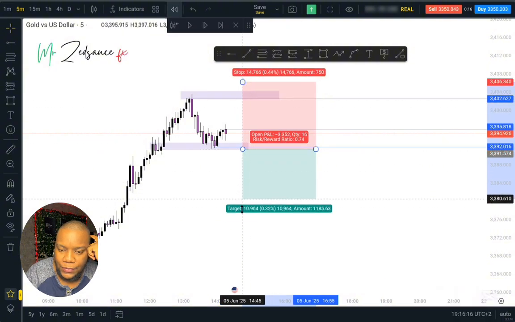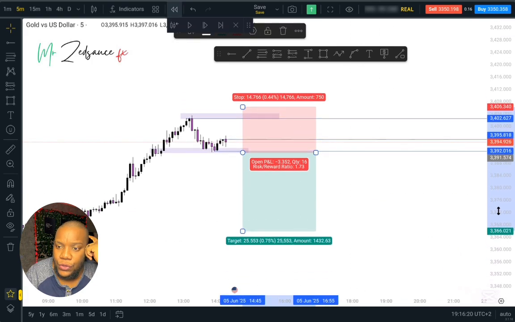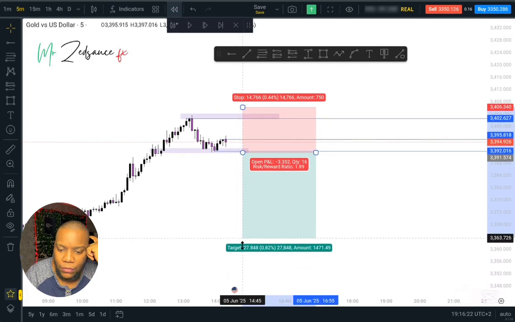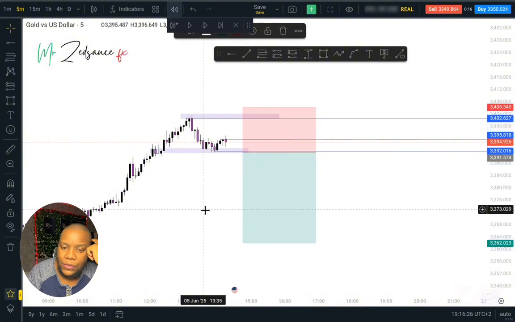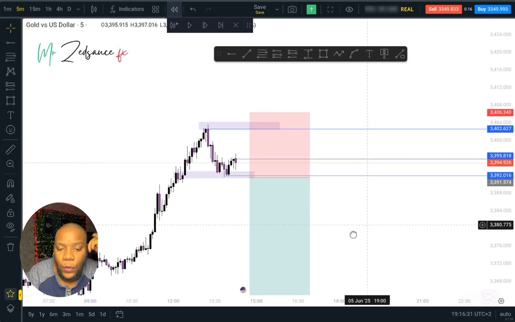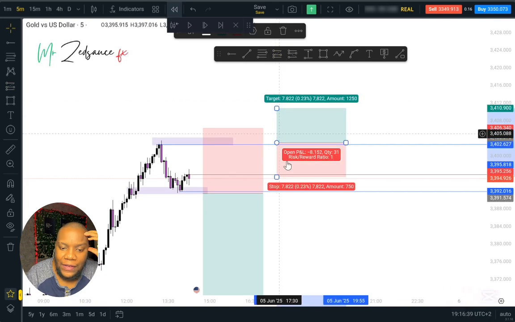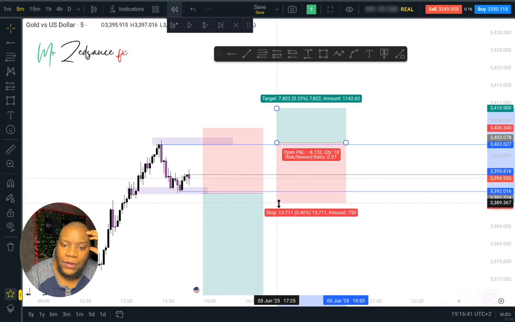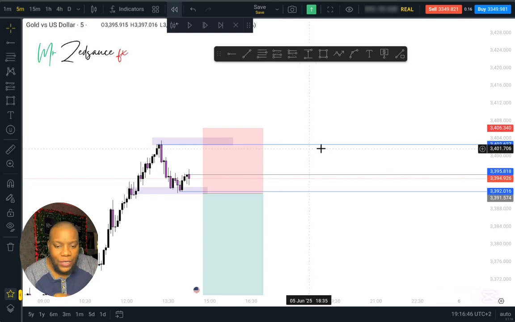Target is 1:2 or 1:3, depending on your mood for the day or what you're risking. 1:2 is always something I love to do myself. If you were considering buys, you could have taken this as your buy stop above here, with your stop loss below this zone, then targeted some highs somewhere there.